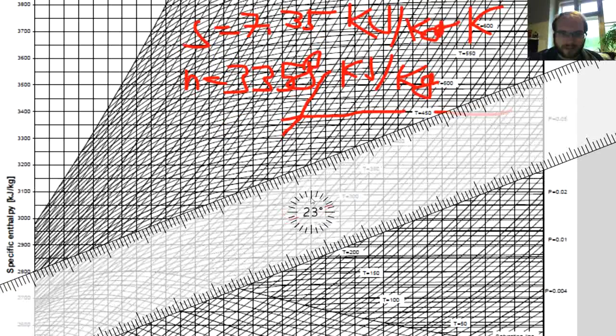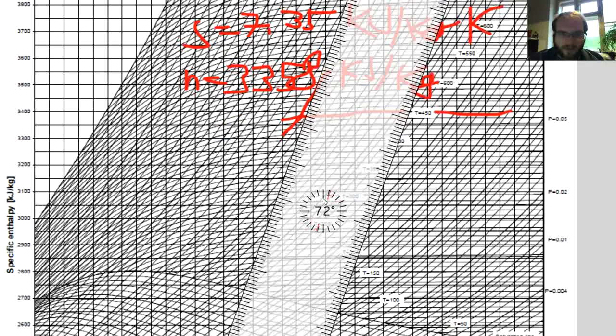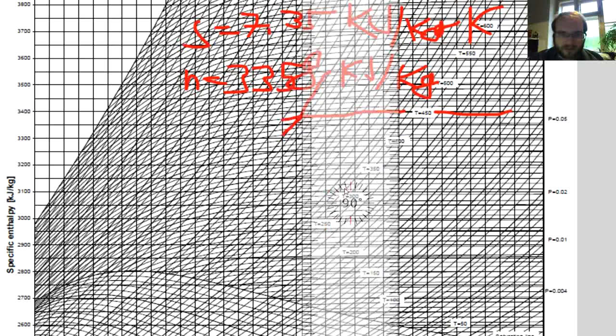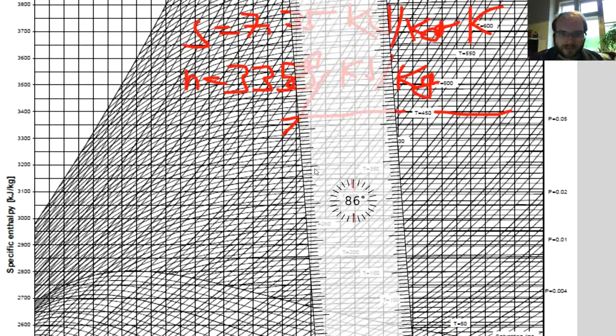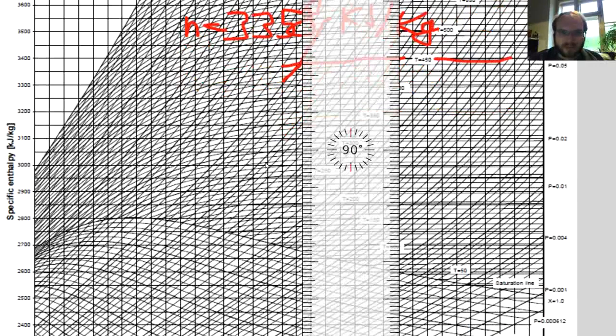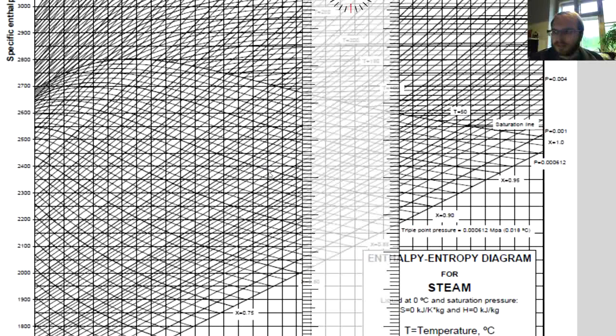So let's make a vertical line and go down to the pressure 7 kilopascals. We have that line in here, and now where are the 7 kilopascals?